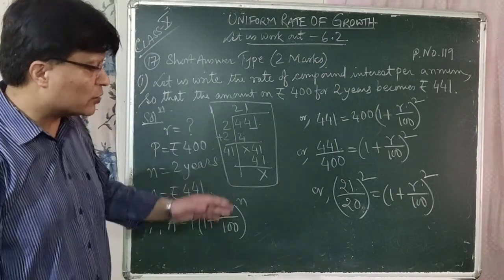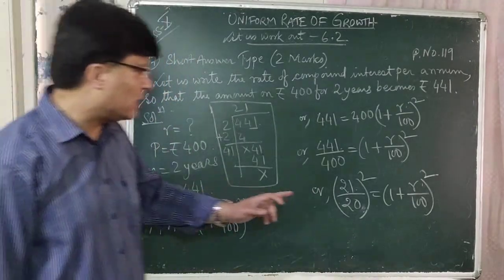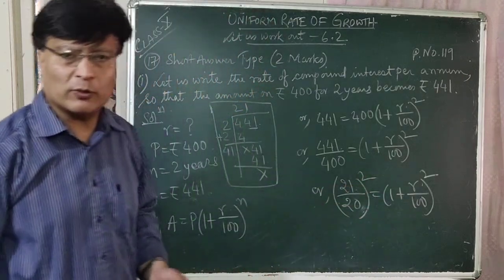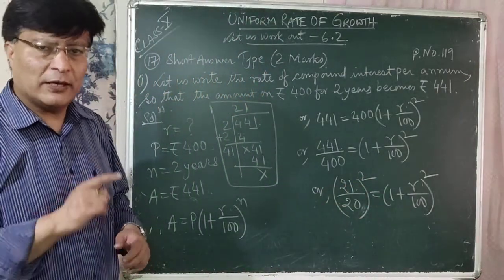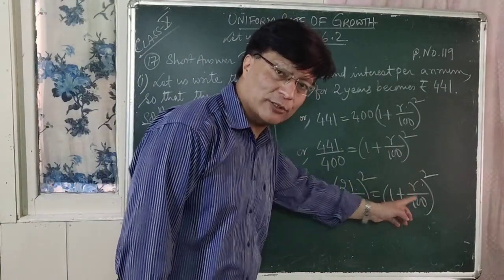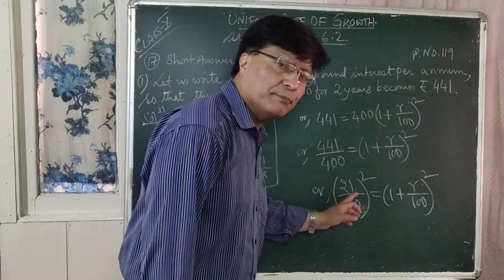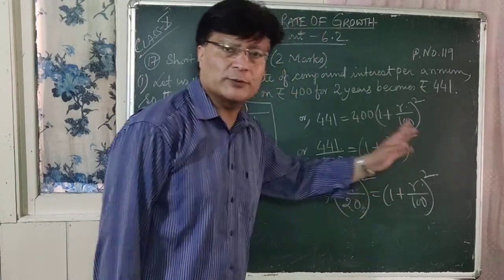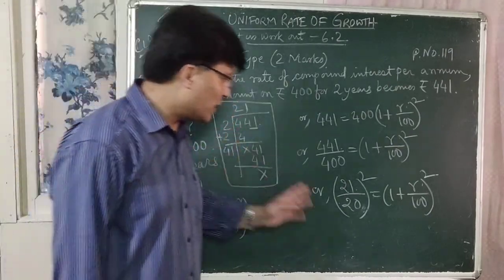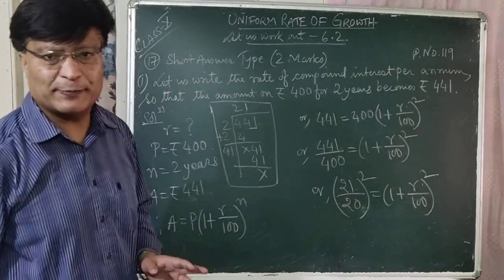So you know from the laws of indices, which you have done in class 9, that if powers are equal, bases must be equal, or vice versa. If bases are equal, then powers must be equal. So in this case, if the powers are equal, bases must be equal.